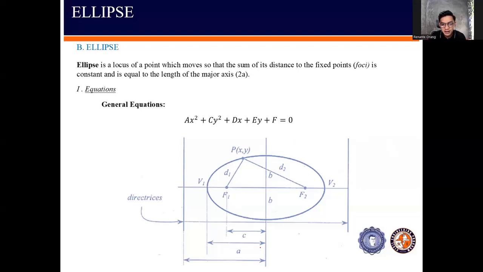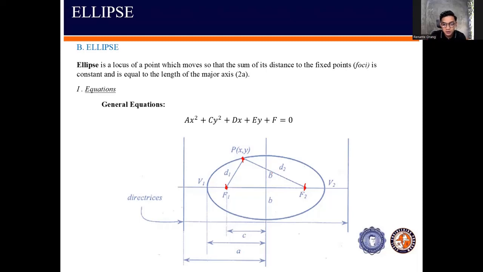For example, this figure is called an ellipse. If you have your focus 1 and focus 2, and at any point of our ellipse we have distance 1 and distance 2, their sum is equivalent to 2A, where A is our major axis.